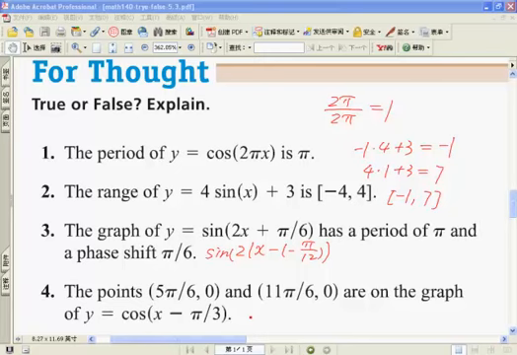Now let's look at number 4. The points (5 pi over 6, 0) and (11 pi over 6, 0) are on the graph of y equals cosine of x minus pi over 3.